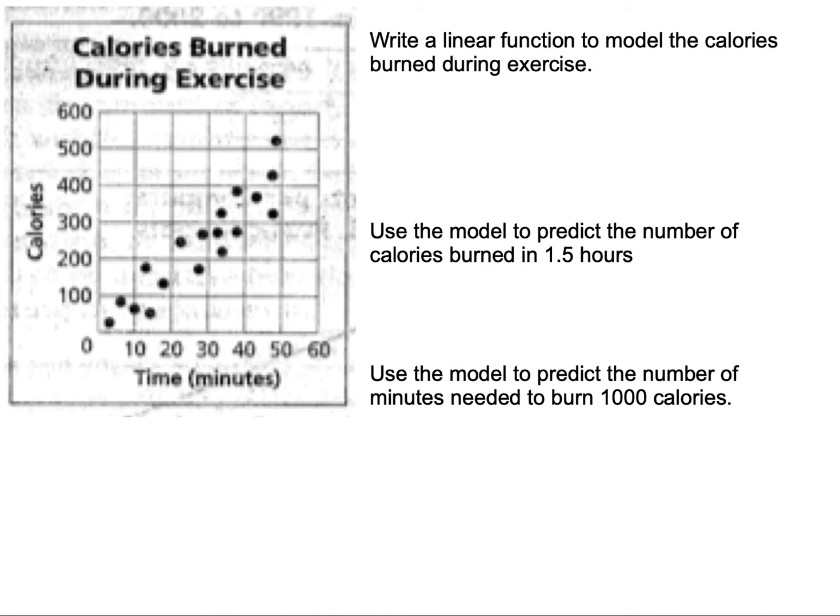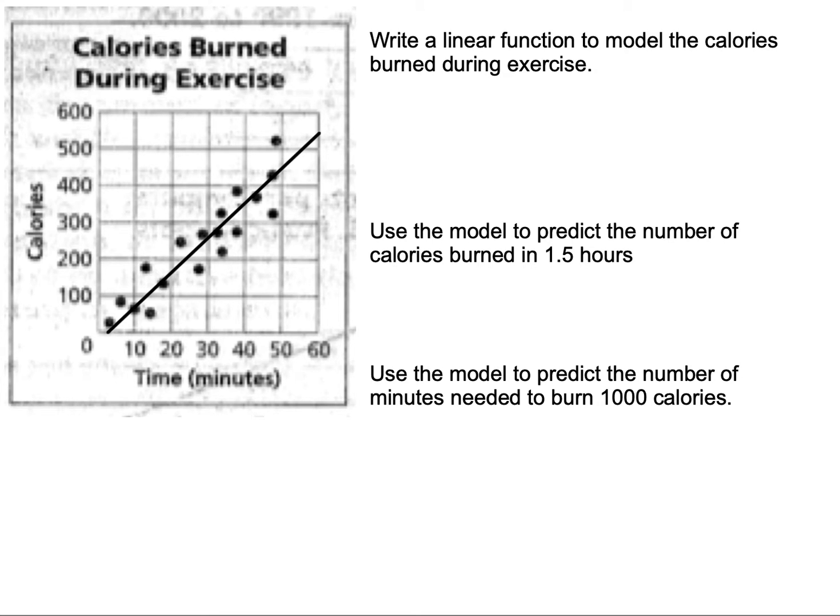Okay, write a linear model function to model the calories burned during exercise. Alright, on this one, I don't have any quick click and it shows up type thing. I'm just doing this one from scratch. You first draw a line that tends to go through the points fairly well. Let me see my line. I've got some points below it, some points above it.